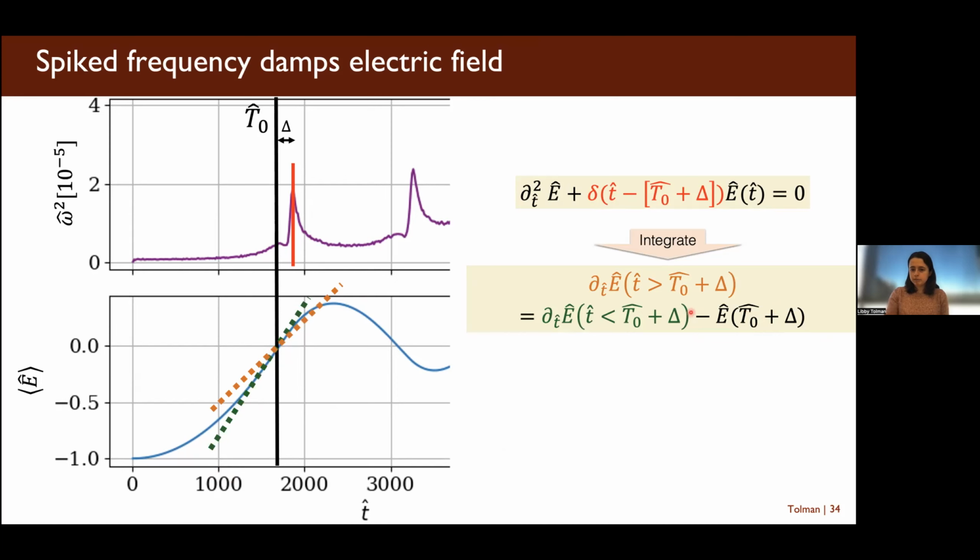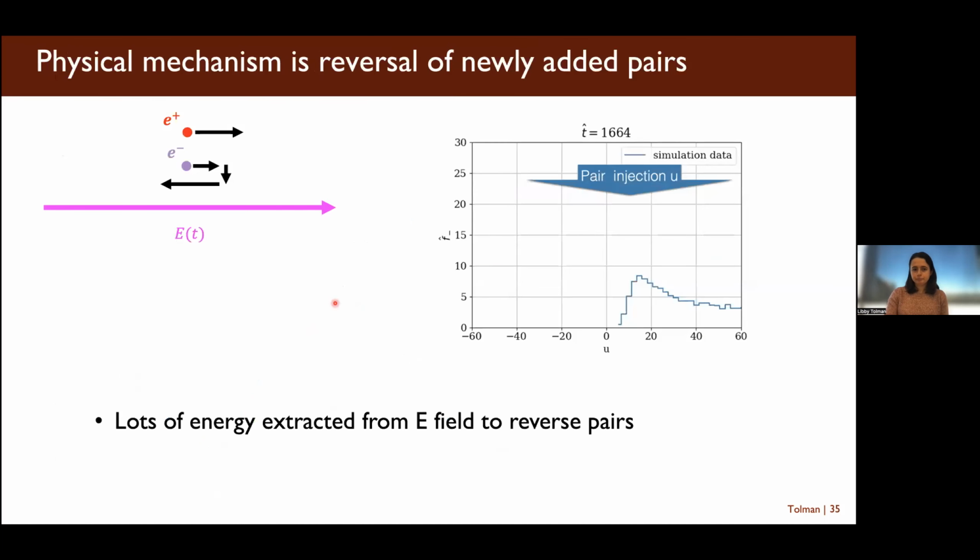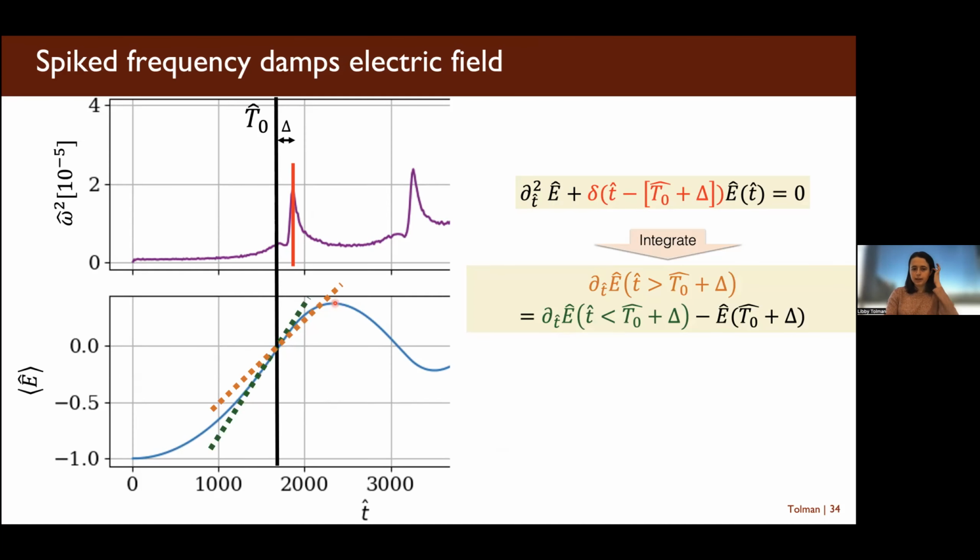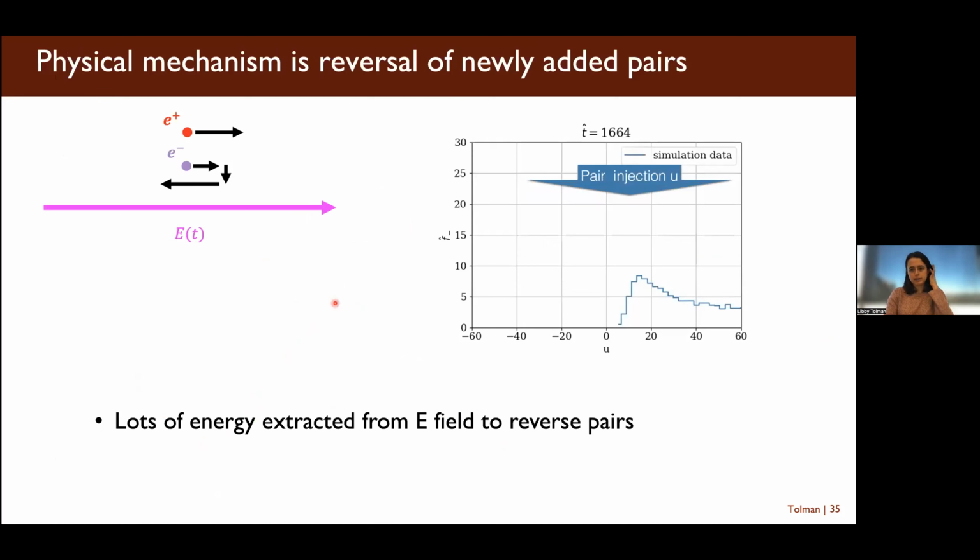That's a lot of different times, but basically you take an initial derivative before the spike, which you see in green here, and it gets pulled down to something like orange here. Reducing the derivative means the amplitude of the next oscillation of the electric field is smaller, and that corresponds to damping. So that's the mathematical explanation for why this damping occurs in this stage.